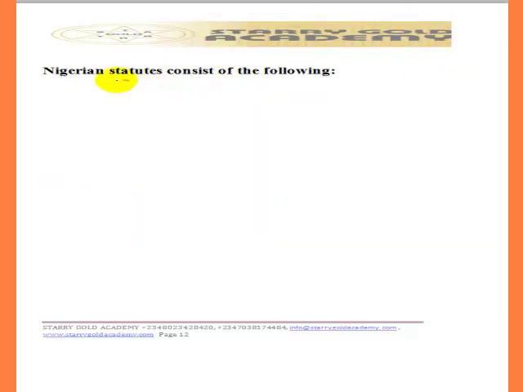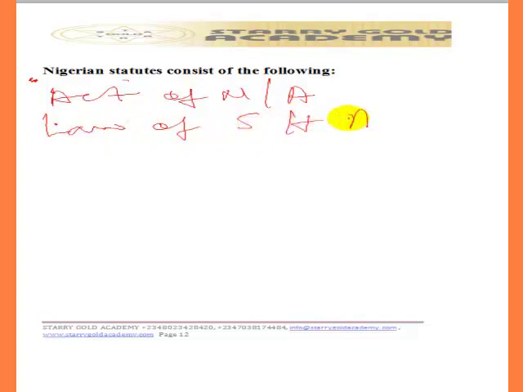Let us look at examples of Nigerian statutes. We have the Act of National Assembly. We have the law of a state, the law of the State House of Assembly.